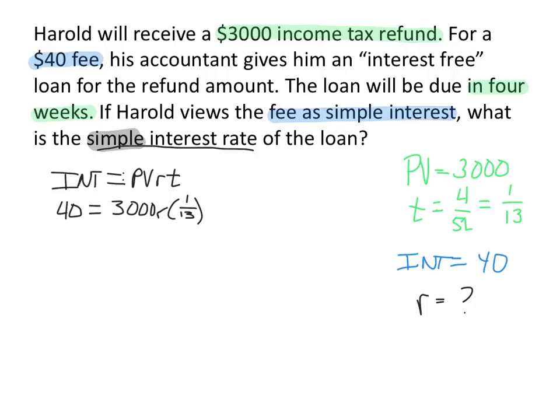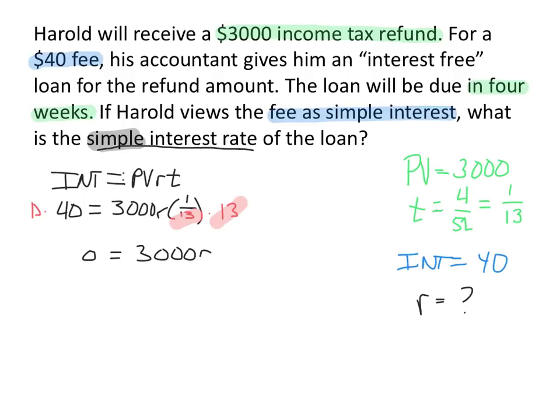Now, in order to solve this, I'm going to multiply both sides by 13. When I multiply by 13 on the right, 13's cancel. And I have 3,000. Oh, I don't have 3,000 because I forgot to switch. I have 3,000 R. And when I multiply 40 times 13 on the left, I forgot my calculator. So that's a 0.